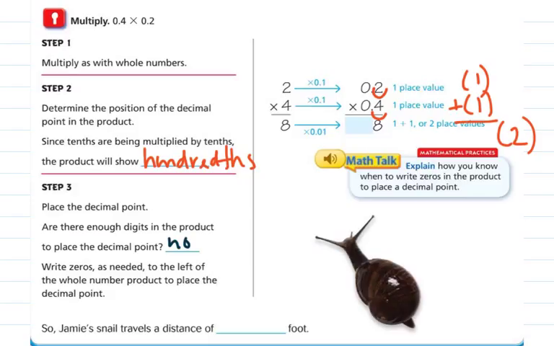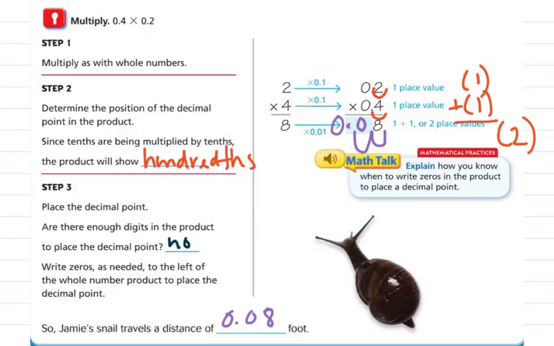So we're going to start at the 8 and we're going to move the 2 decimal places. 1 decimal place, 2 decimal places. So, Jamie's snail travels a distance of 8/100ths of a foot.